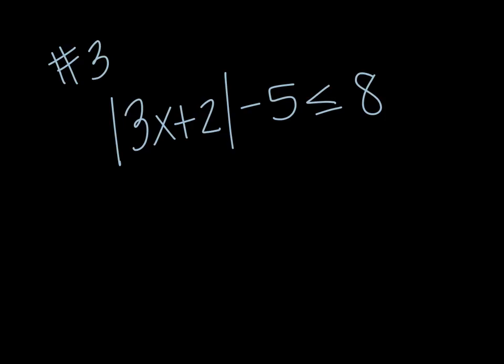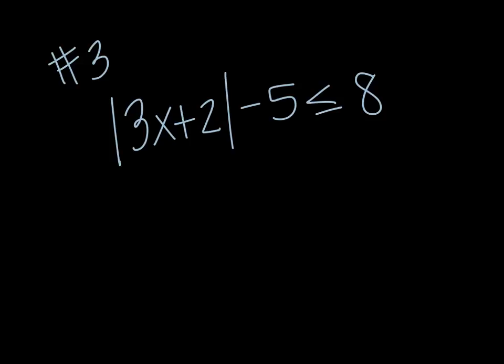I just wanted to do one more with you where the absolute value was not by itself on the left-hand side. You guys can't split the inequality into 2 until this part, the absolute value part, is by itself. So what you need to do is get rid of this minus 5 first and then split it up.